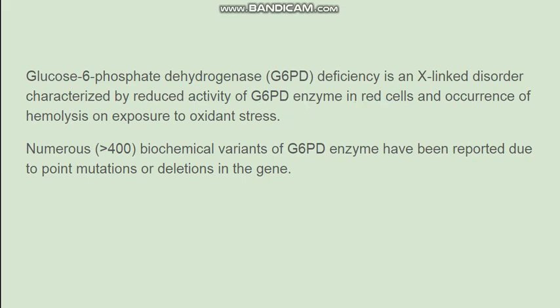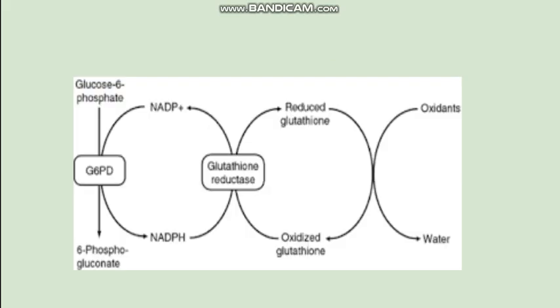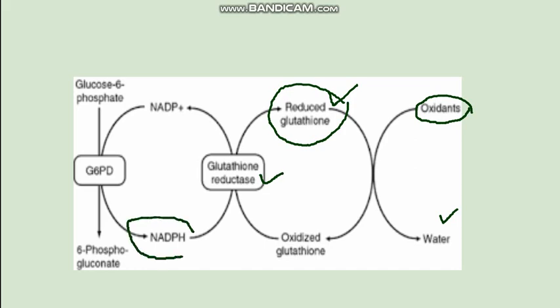Now, understanding why it causes hemolysis. Firstly, we'll understand the role of G6PD enzyme. In our body, oxidants are produced such as hydrogen peroxide, and these are normally converted into water with the help of reduced glutathione. This reduced glutathione is produced with the help of an enzyme known as glutathione reductase, which requires NADPH for its activity.